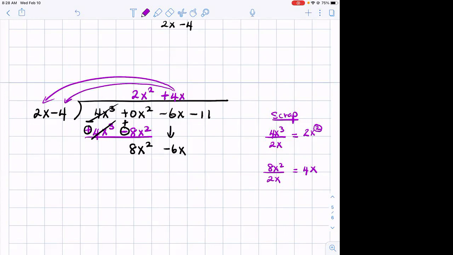If you do that distributing, you will get 4x times 2x is 8x squared, and 4x times minus 4 becomes minus 16x.